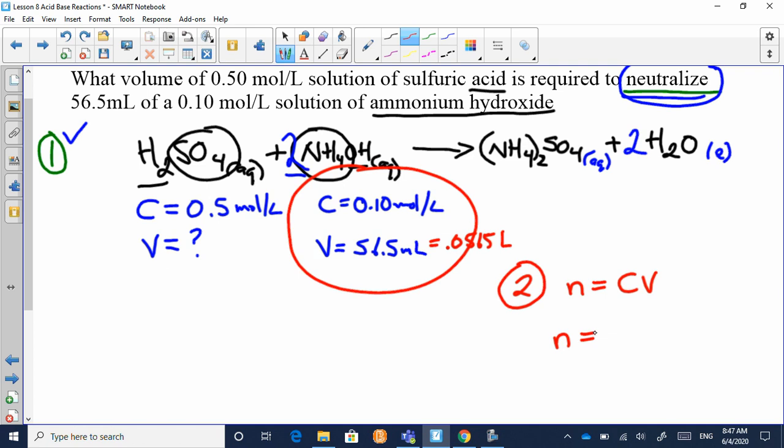My number of moles is going to be 0.1 times 0.0565. That's going to convert that one to a count. And multiplying by 0.1 just means shifting the decimal place another one. So it's 0.00565 moles. Okay, so I've now done step number 2 of stoichiometry, which is I've converted to moles.